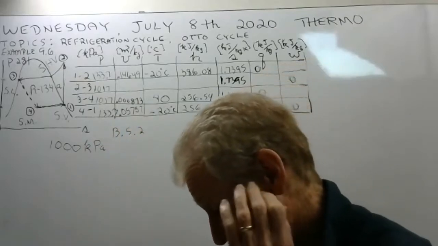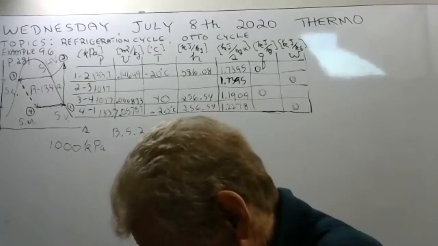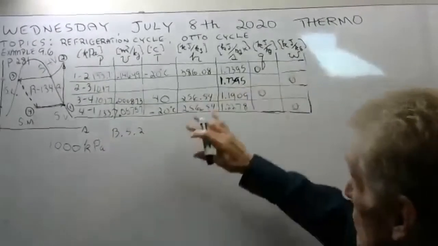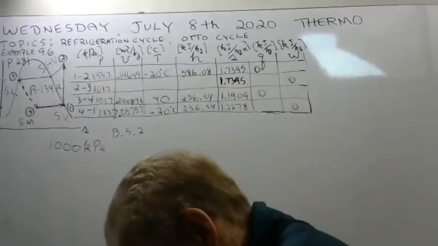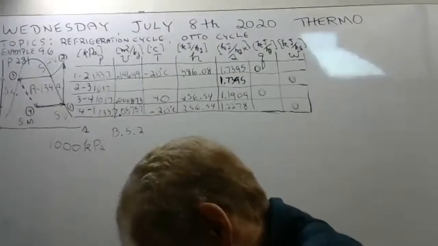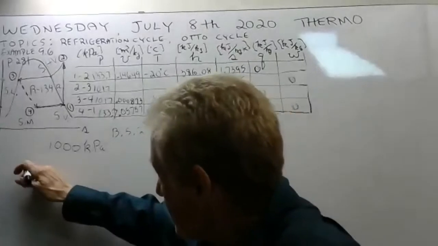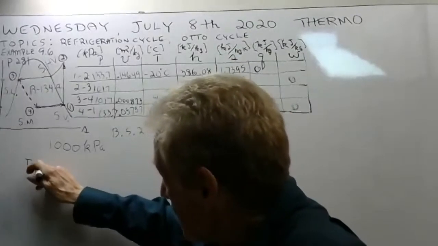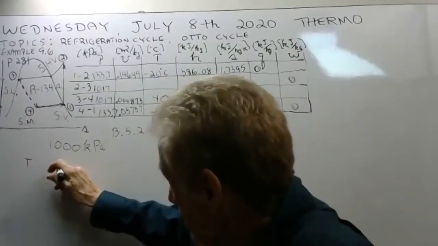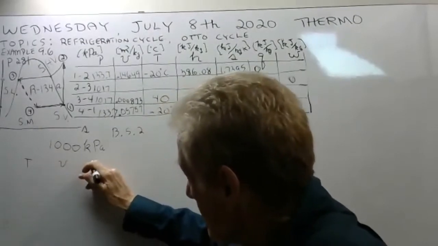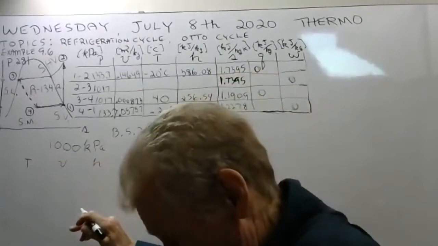And see, what we want is 1.7395. Well, they don't have 1.7395 either. But here's what they do have. We don't need the U. But here I'm going to write down what they do have.